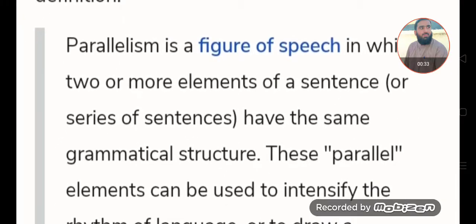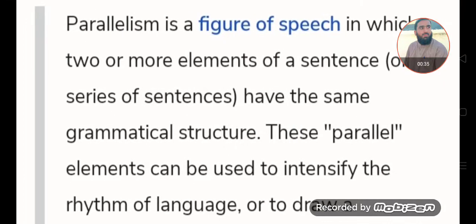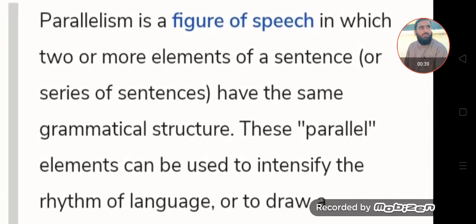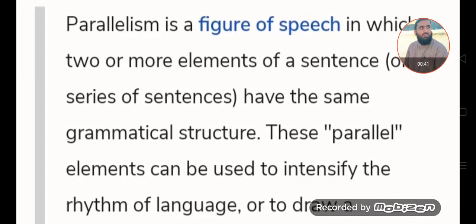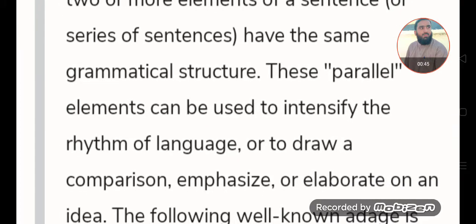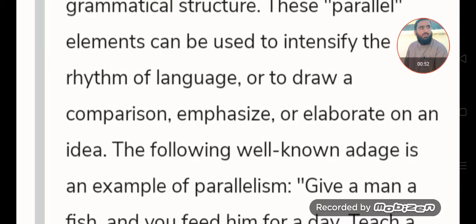What is parallelism? Parallelism is a figure of speech in which two or more elements of a sentence or a series of sentences have the same grammatical structure. These parallel elements can be used to intensify the rhythm of language, to draw a comparison, or to emphasize or elaborate on an idea.